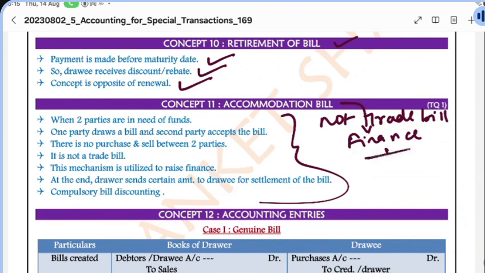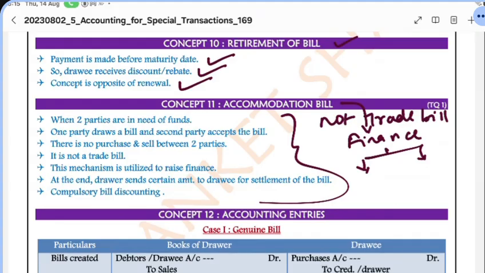Then I will apply my clever mind, and I make friendship with Mr. Sushrut, who is also like me. Right? We both are in need of money, but we don't have anything to give as security. I will ask Sushrut, how much amount do you require? He says 1 lakh.